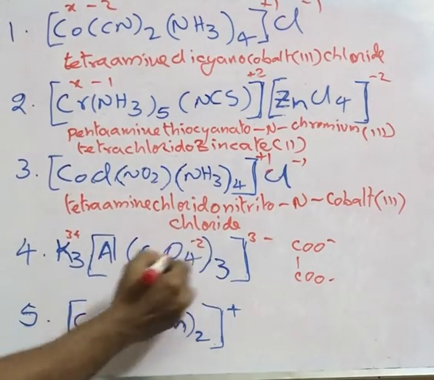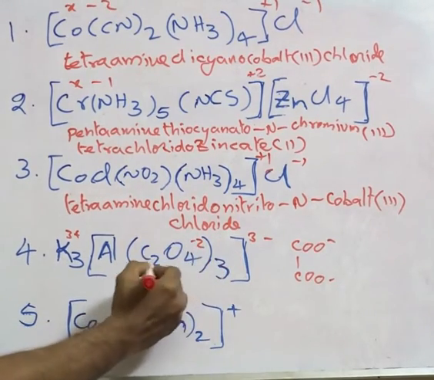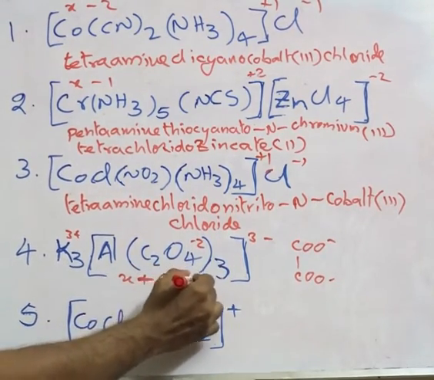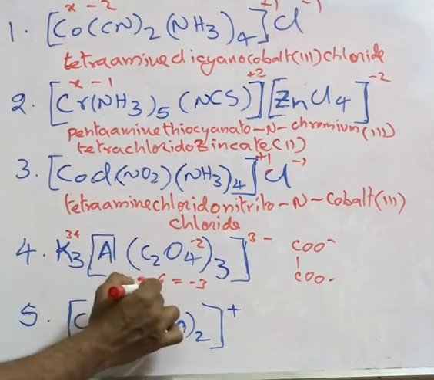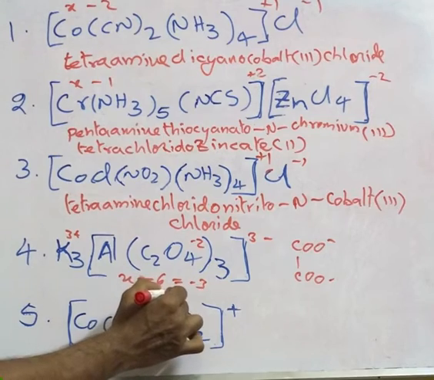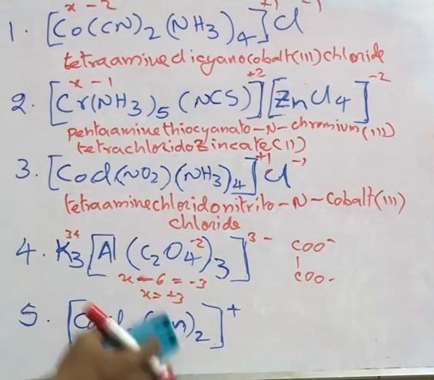So X plus 3 times -2, that is -6, equals -3. X minus 6 equals -3, X equals +3. So the aluminum oxidation state is +3 here.